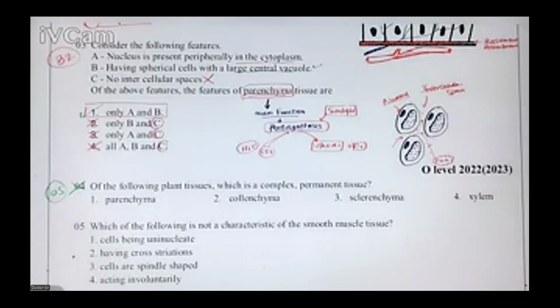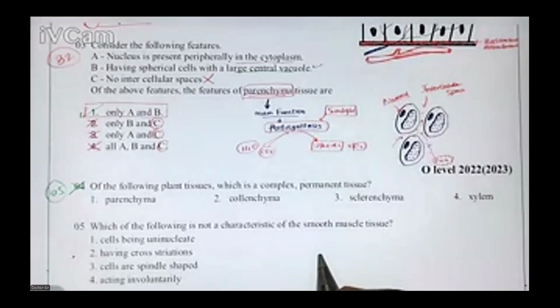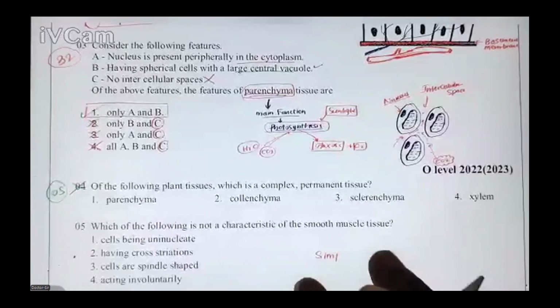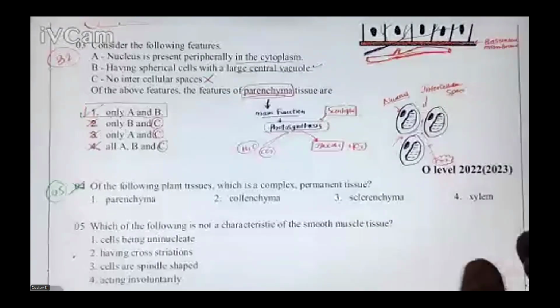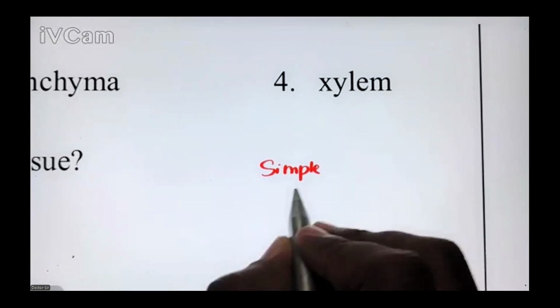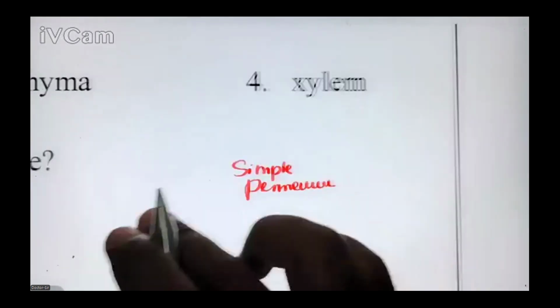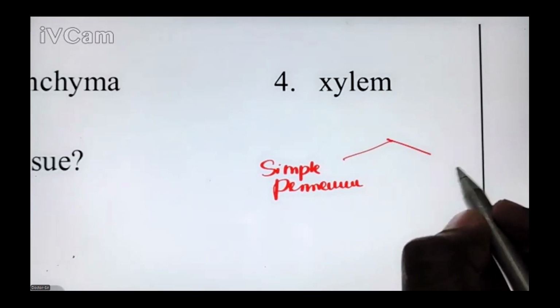Okay, now simple permanent. Right, I will write down here: simple permanent and complex permanent.